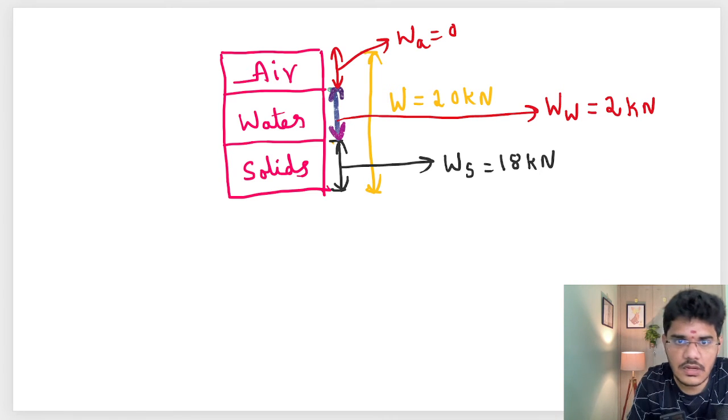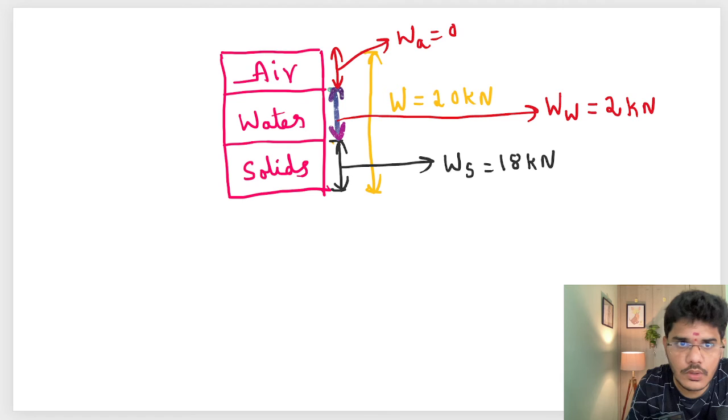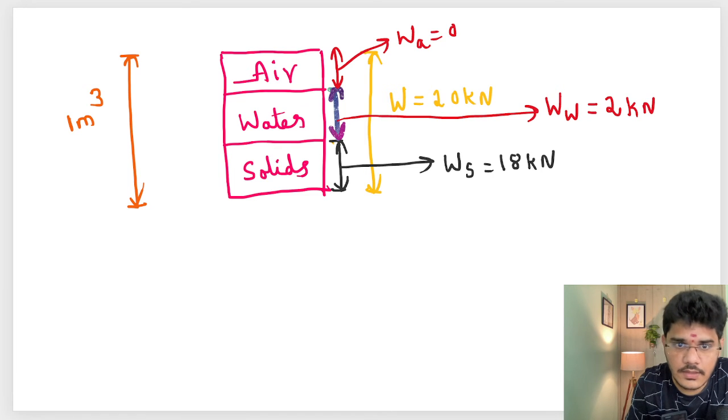What is there on the left hand side? Total volume. Total volume he has given. So this will be the total volume, 1 meter cube. And next, n is equal to volume of voids by total volume.